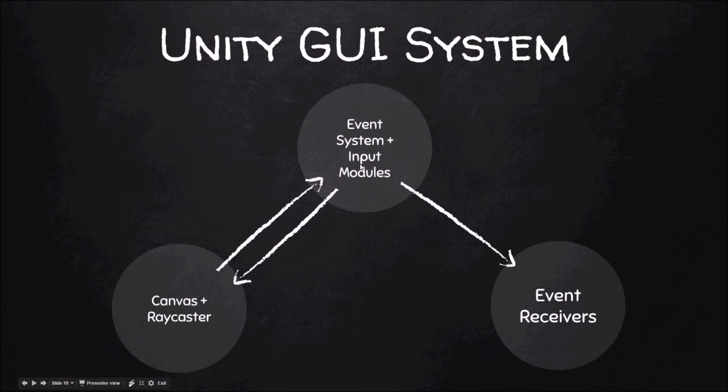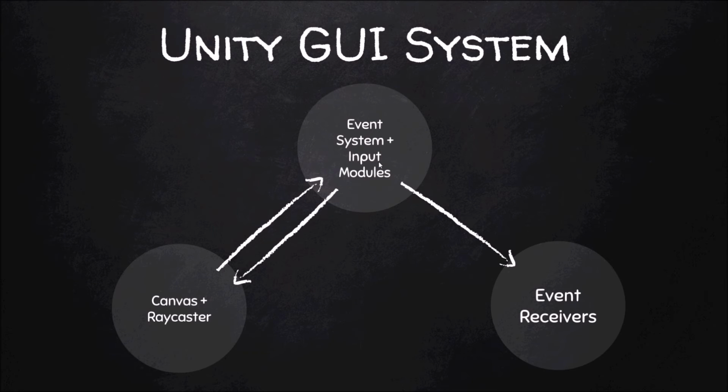The input modules will record everything that you do. For example, your key presses on your keyboard, your mouse movement or mouse click or your joystick. So these will then give that information to the event system, like the user has done something.